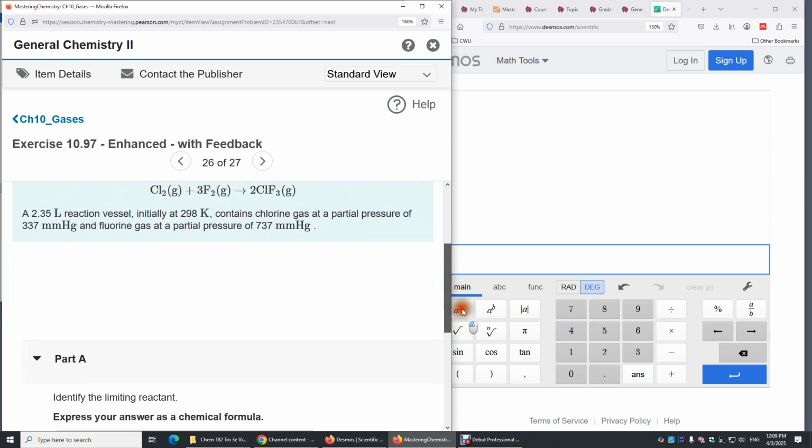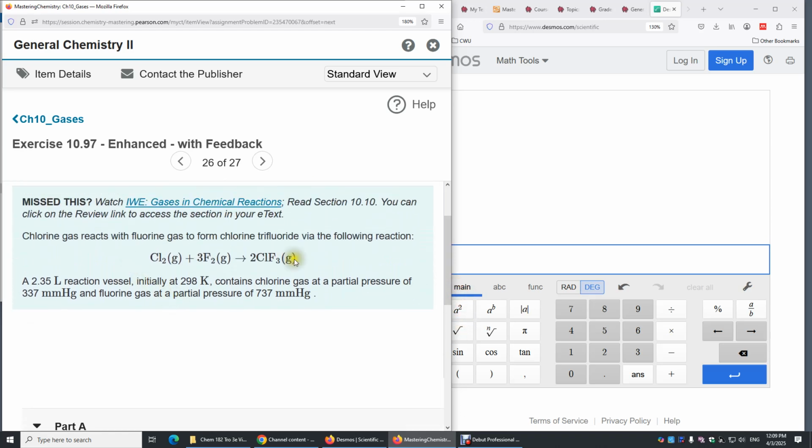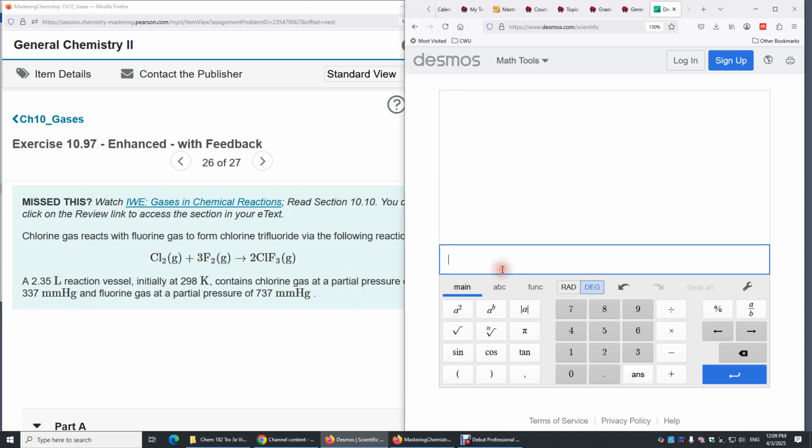Identify the limiting reactant. We'll look at this reaction first. The ratio between Cl2 and F2 is 1 to 3. Now we look at the ratio of partial pressures, 337 versus 737.